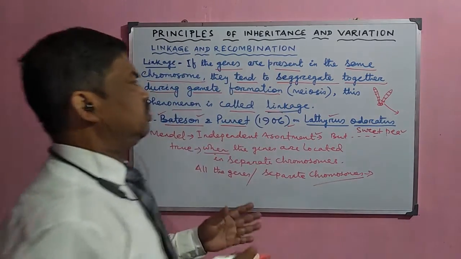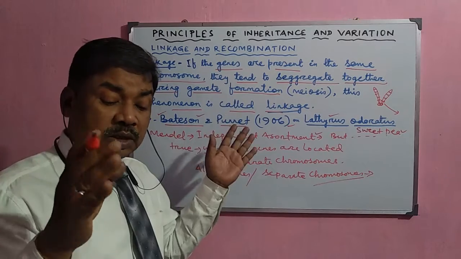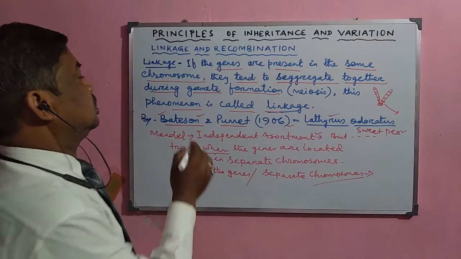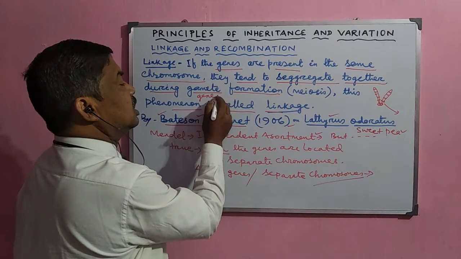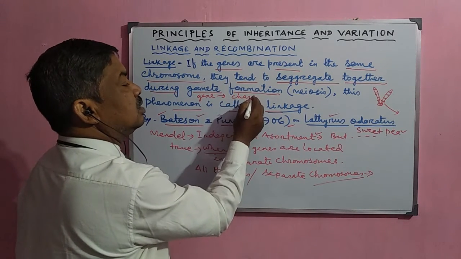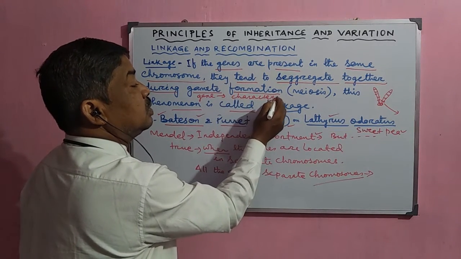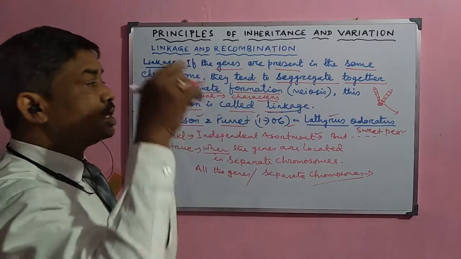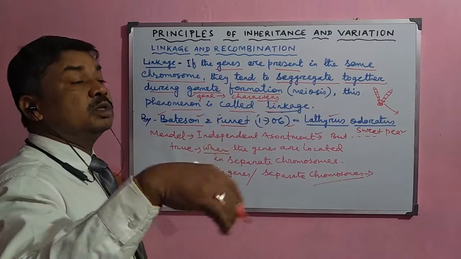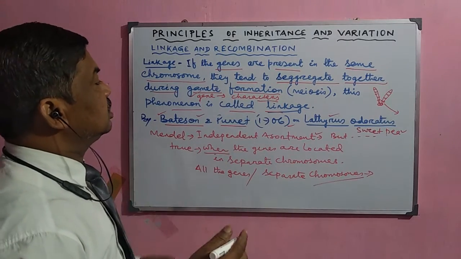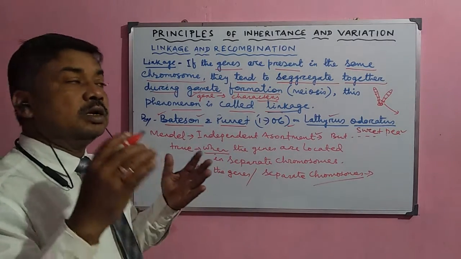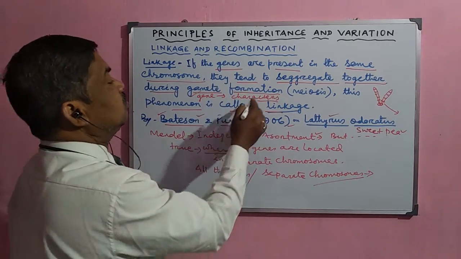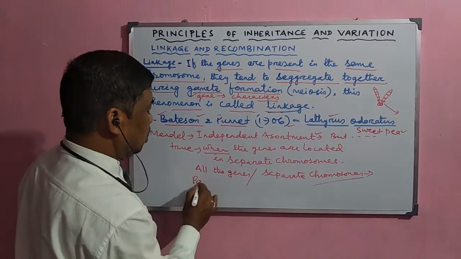The genes present in the same chromosome are responsible for the expression of the characters. So all the characters related to those genes will appear in the next generation in their parental combination. The same combinations which were there in the parent will be observed in the offspring.